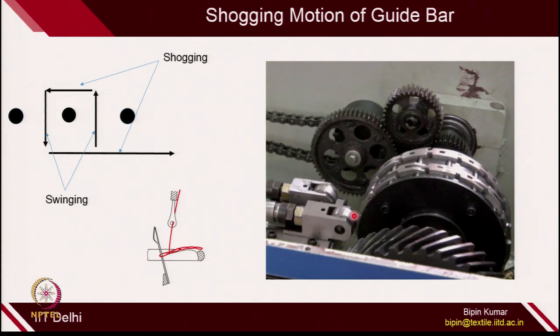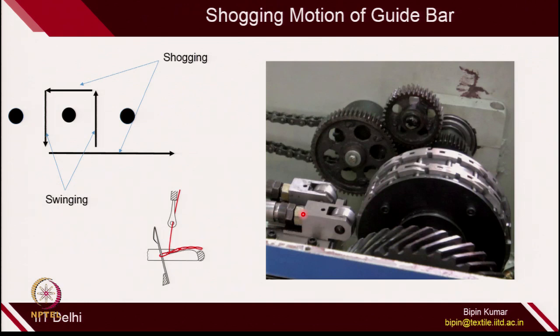So, when the follower follows any elevation path, it pushes the rod from right to left, and because of that the guide bar shifts from right to left, and whenever there is a depression, for example, if you see here there is a depression, then the guide bar actually moves from left to right.